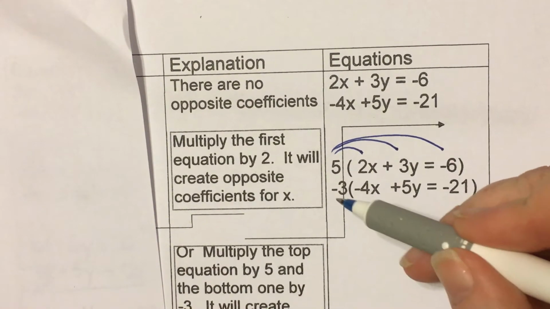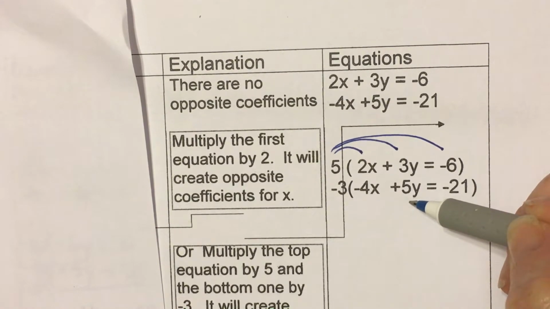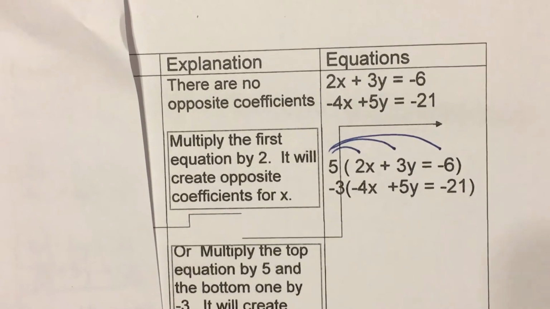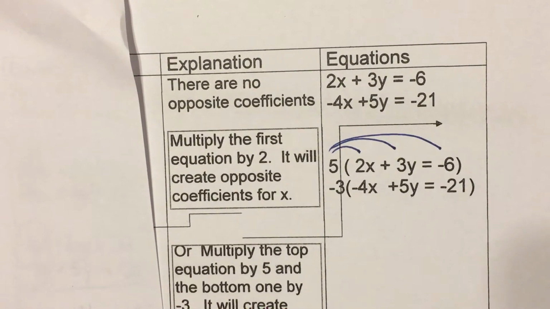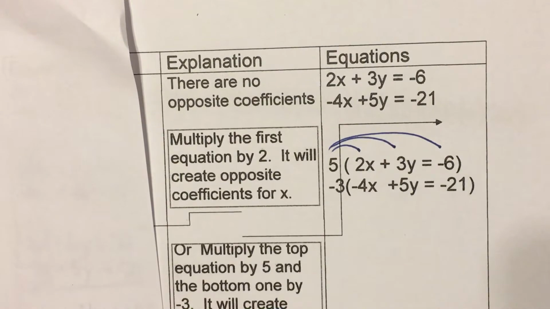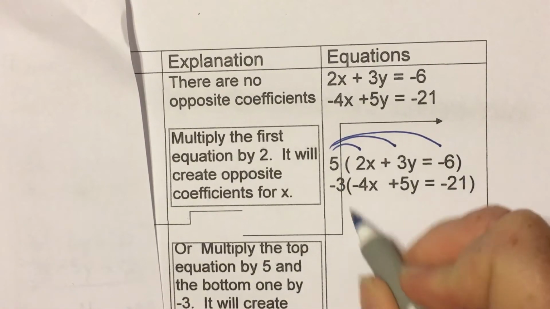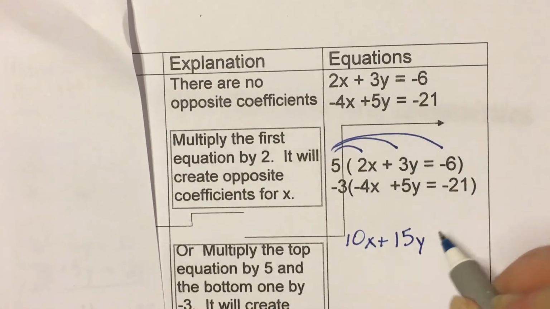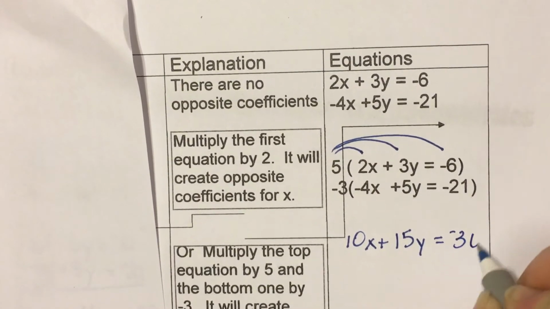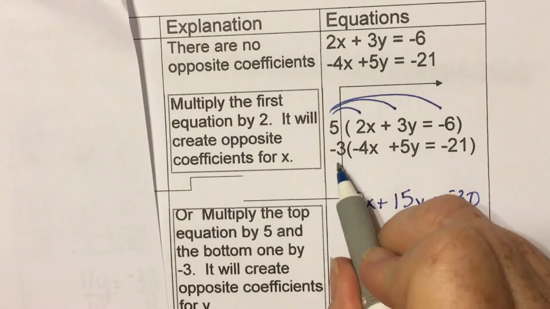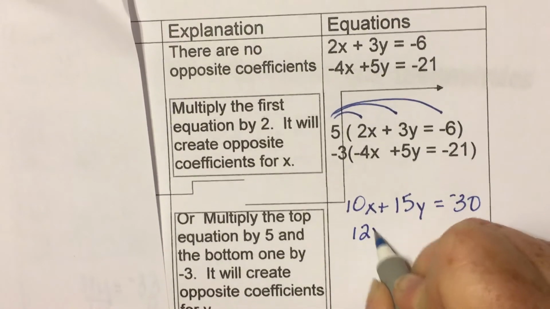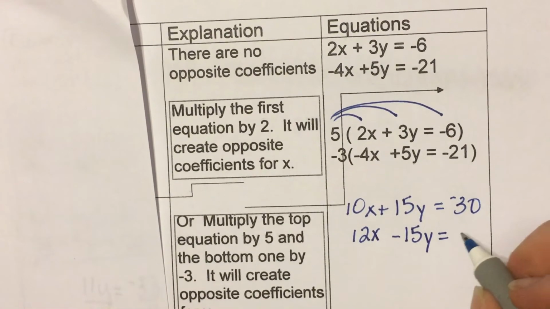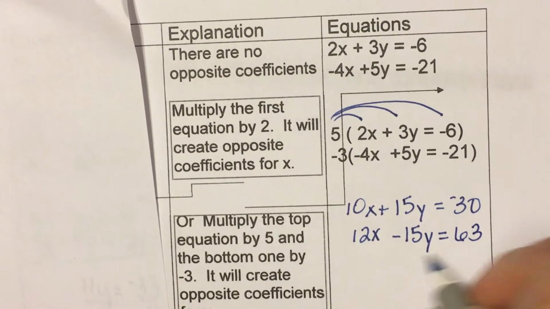And then I have to multiply the bottom by -3 so that my other y will be the opposite y of -15. And again, I'm allowed to multiply by whatever I want as long as I do it to every single part of the problem. So the first part would turn into 10x plus 15y equals -30. The second one, -3 times -4, would be 12x minus 15y equals positive 63.